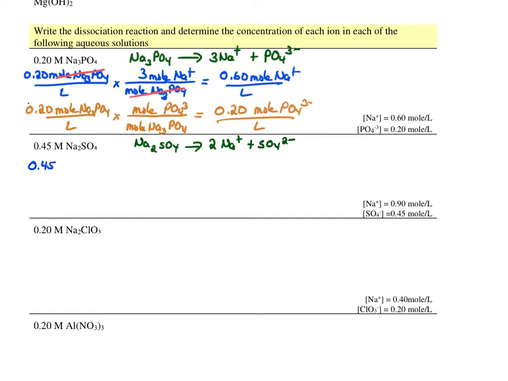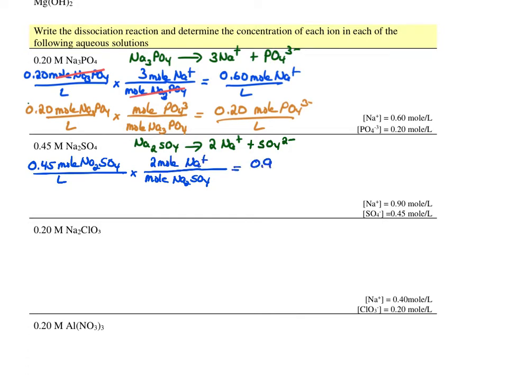So 0.50 moles of our solute, which is sodium sulfate, per liter of solution, and every mole of sodium sulfate is going to give us 2 moles of sodium ion.